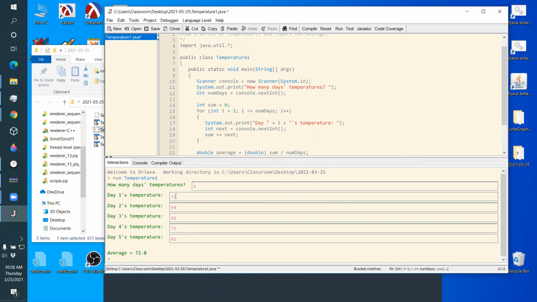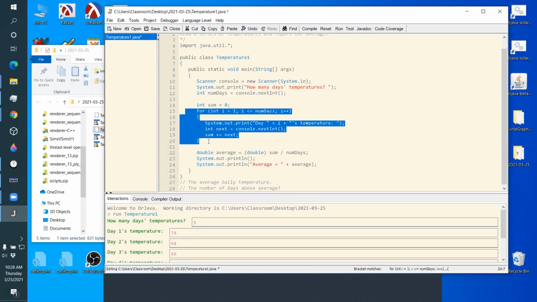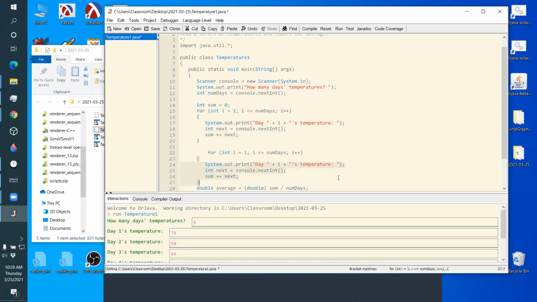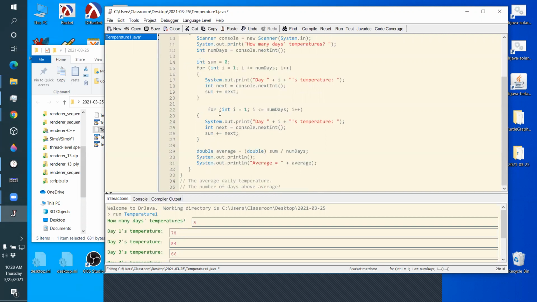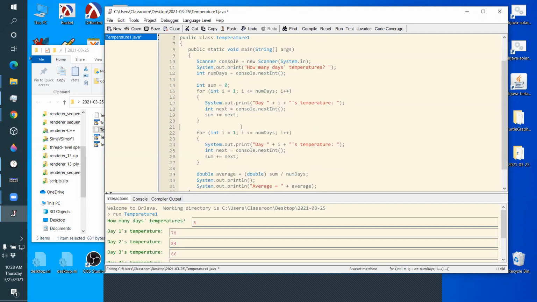Look, okay, the numbers came from the user. So ask the user for them again. Take this loop and just do it again. So now we'll give them a different message.